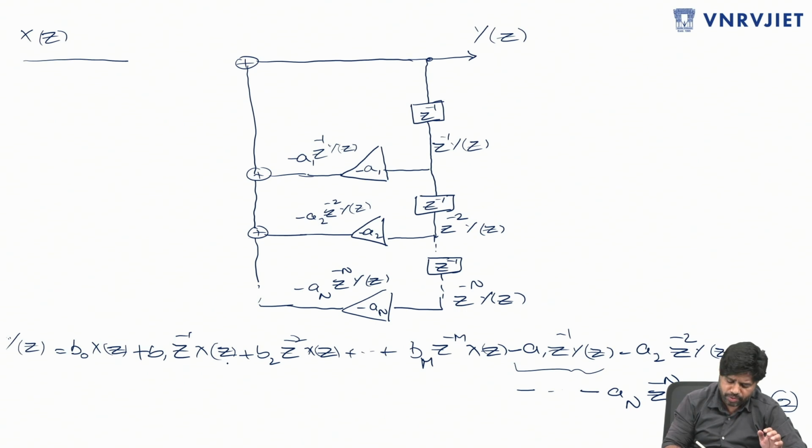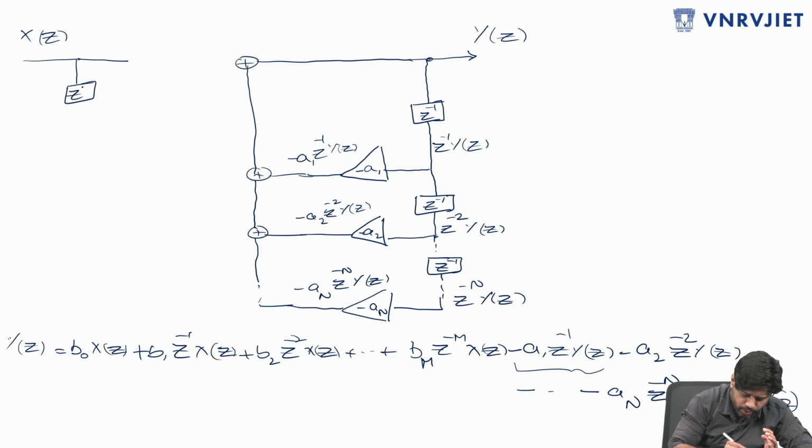So for convenience I follow from the second term, and at the end I will include the first term also. Then you can feel comfortable constructing the direct form 1 structure. So b1 z power minus 1 x of z. So you know this is the x of z signal, and here you are supposed to write z power minus 1, and you know the output of this is z power minus 1 x of z.